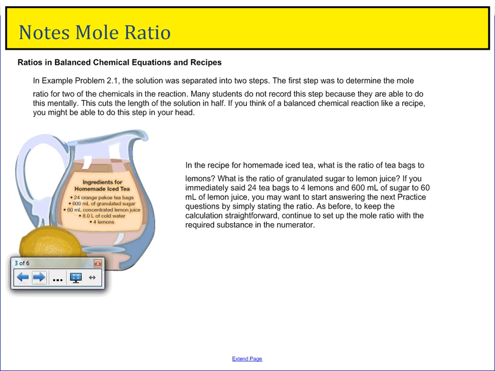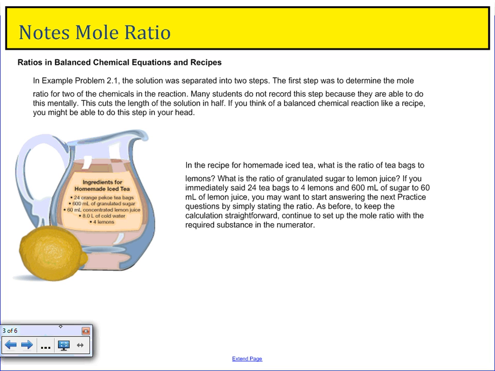If you think of a balanced chemical reaction like a recipe, you might be better able to do this step in your head. Here we have the ingredients for homemade iced tea as provided to us by Alberta Education. It says in this recipe for homemade iced tea, what is the ratio of tea bags to lemons?